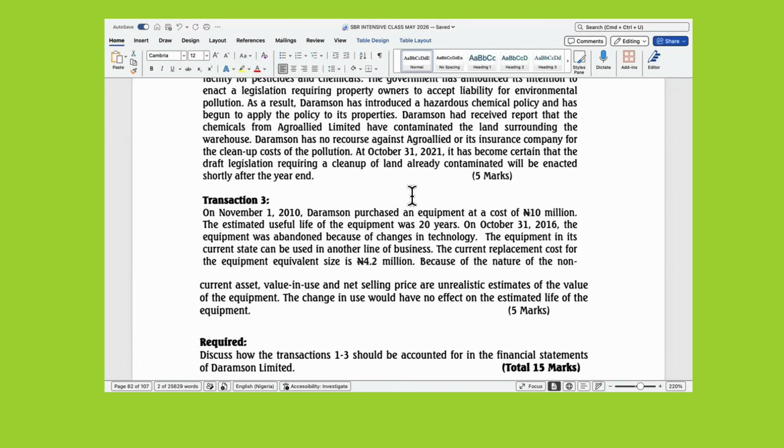Except if they now give you net realizable value, that we can sell it for this amount. Then you test it for impairment, then you know what its value is exactly. And those are the points you'll be talking about in the exam.